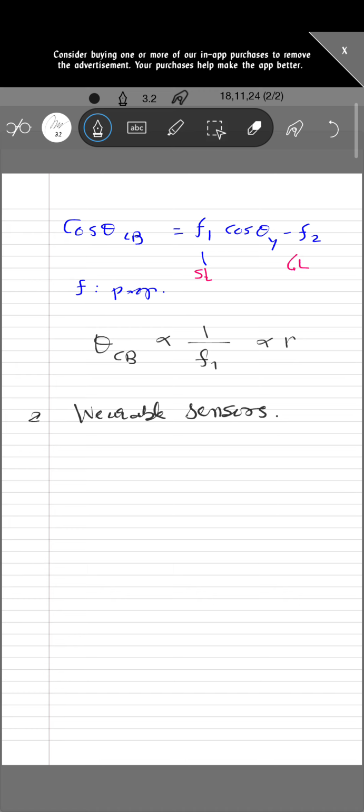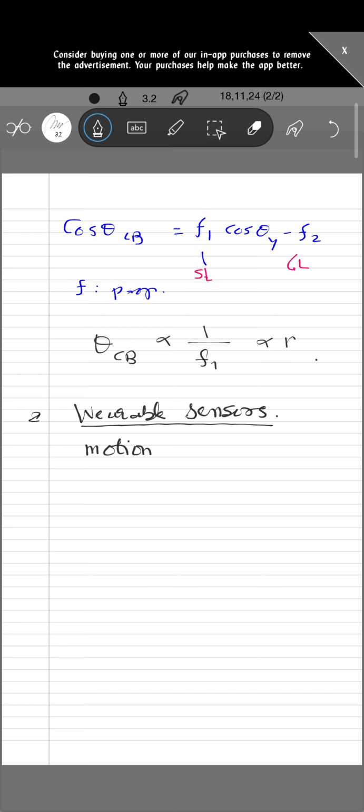Wearable sensors are those sensors which are in contact with the body, and they are used for detection. They detect the motion of the body, or the changes that are taking place inside the body, like motion or limb movement, for instance.